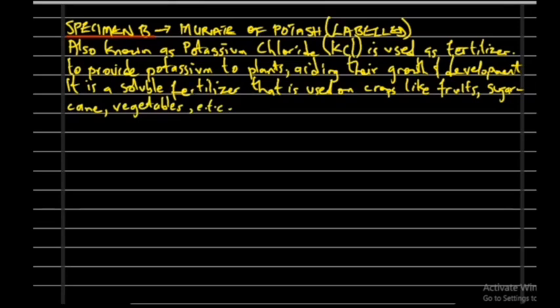This particular muriate that we are talking about, muriate of potash, improves crop yield. We have said that earlier on. So when it aids the growth and development, it will eventually lead to increased crop yield.